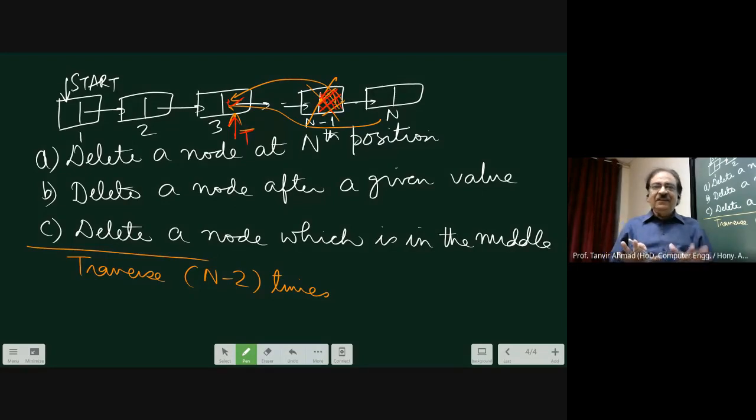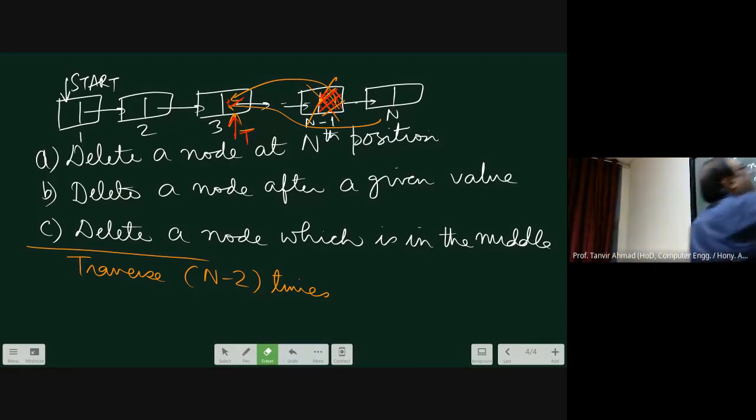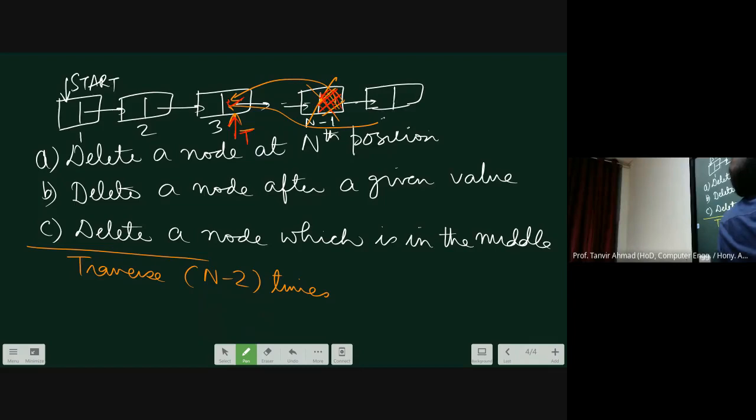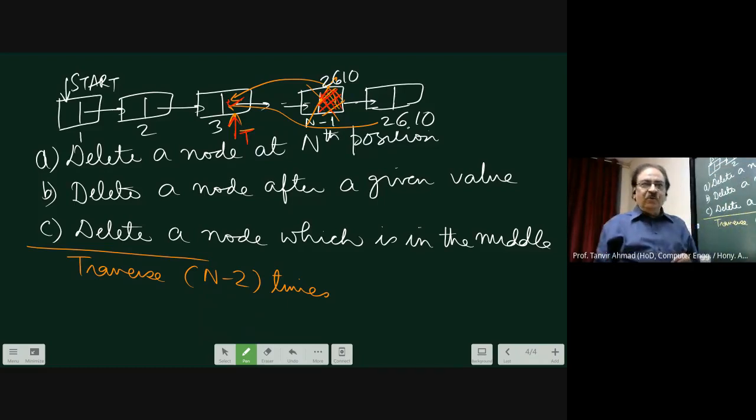Correct? That means suppose this address is given as 2610. So here 2610 is saved. It means that T of link is 2610, which is the same as the address of that next node.